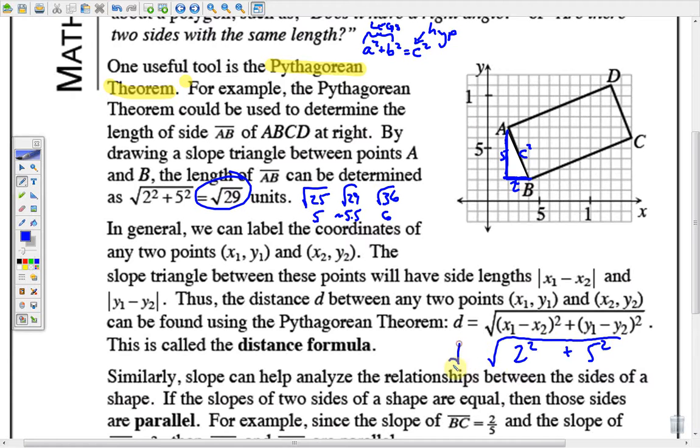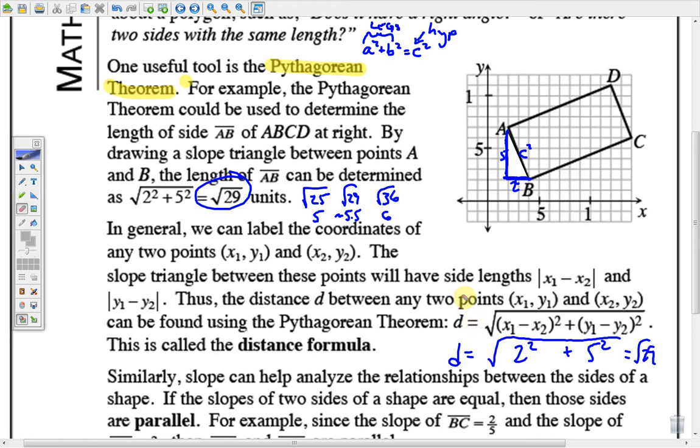We take the square root of that. We get the distance, which would be 2 squared, which is 4, plus 25. That's the square root of 29, which is what we got right here. So the distance formula is just a reworking of the Pythagorean theorem.